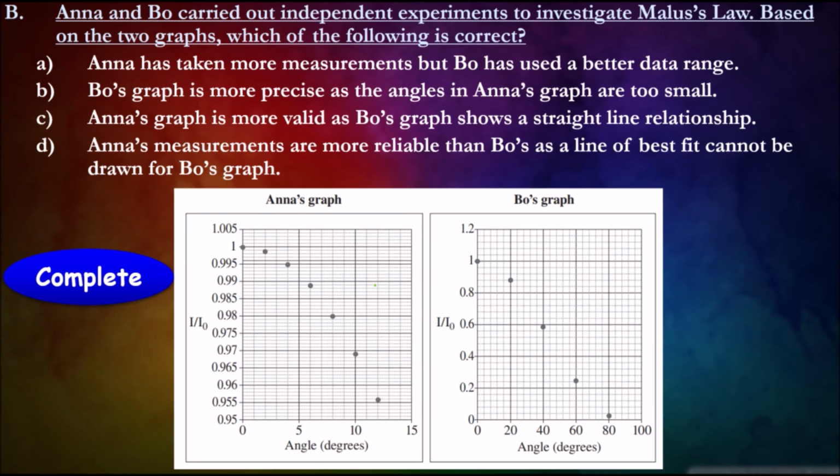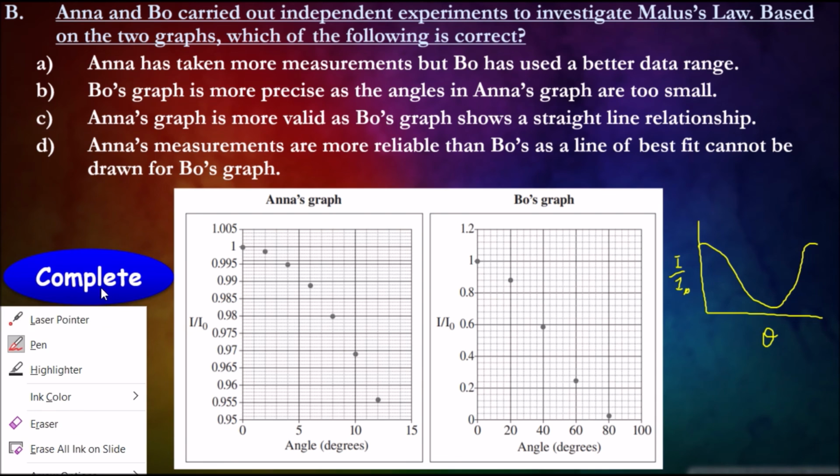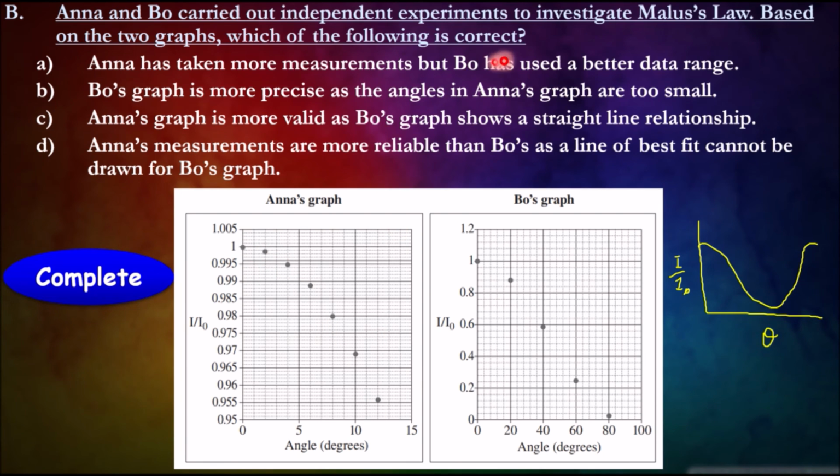Okay, so in this context, if you actually compare the shape, then obviously Anna's one, because if we're talking about Malus's law, we are expecting technically a cosine graph as well. That's what we have in degrees here, and that's what we have in terms of the intensity. The correct answer in this case is actually A. Anna has more data points, as you can see here: 1, 2, 3, 4, 5, 6, 7, in comparison to Bo, who has 5.